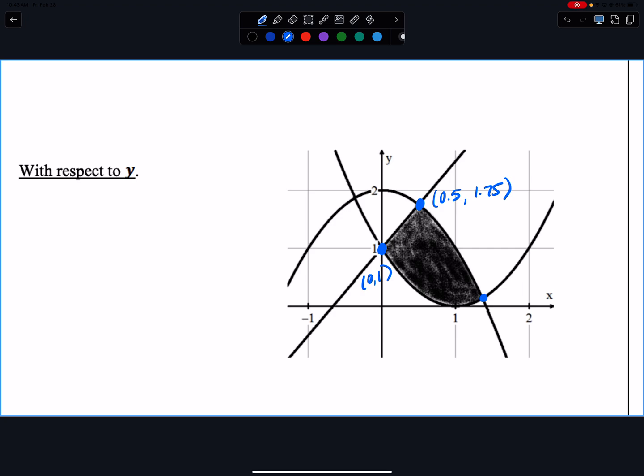This point right here is ugly: 1.36602, and it keeps going, but this is just for the sake of setting it up. 0.13397.